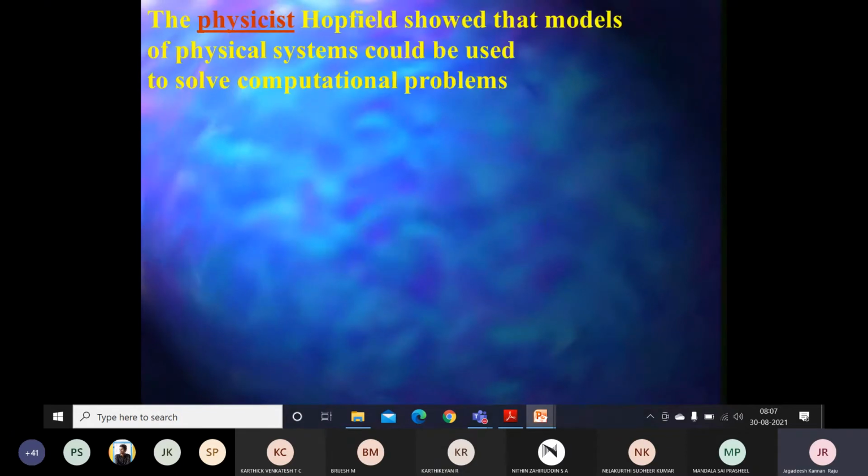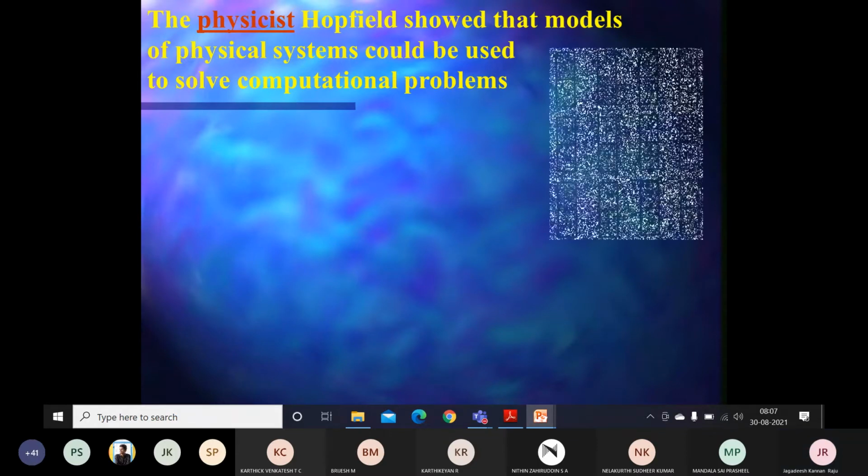Hopfield is a physicist. He tried to show that the models of physical systems could be used to solve computational problems.